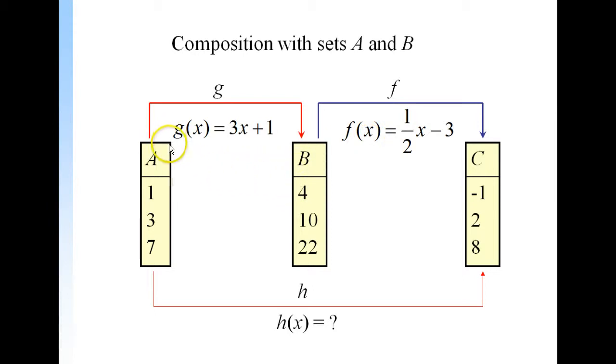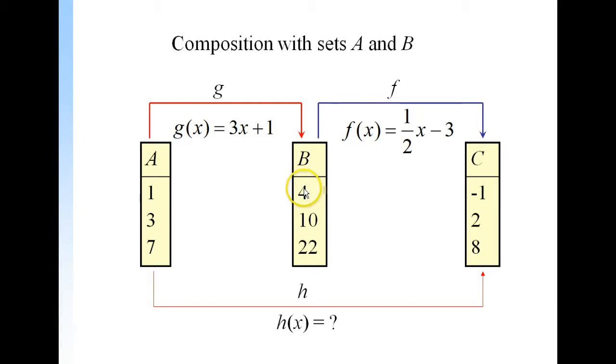So here we're saying that if we have a 1 and we put it into our machine, which is the function, 3 times 1 is 3 plus 1 gives you the 4.